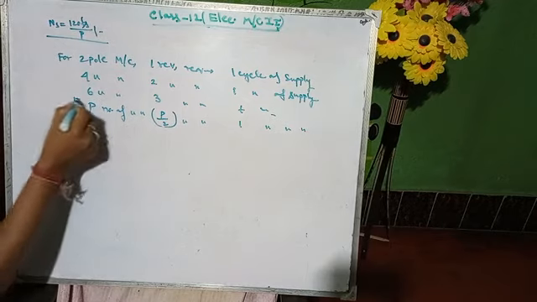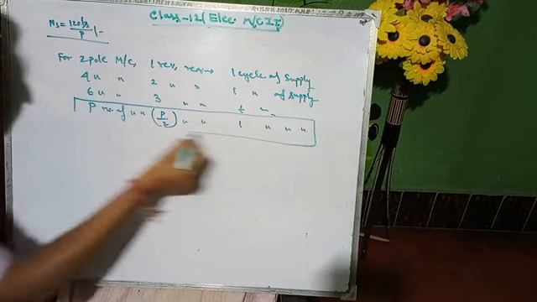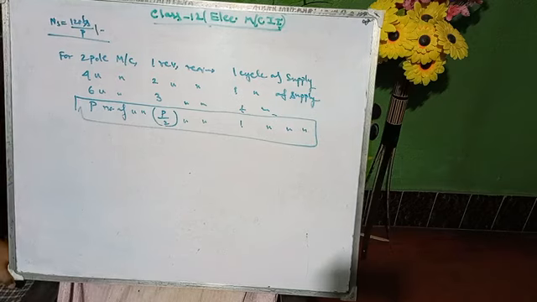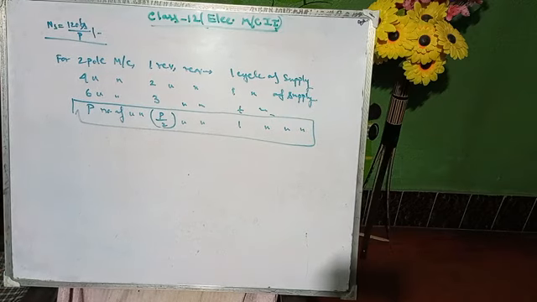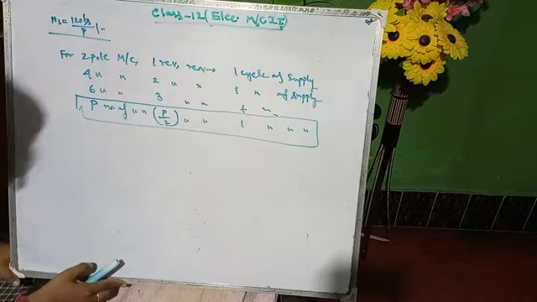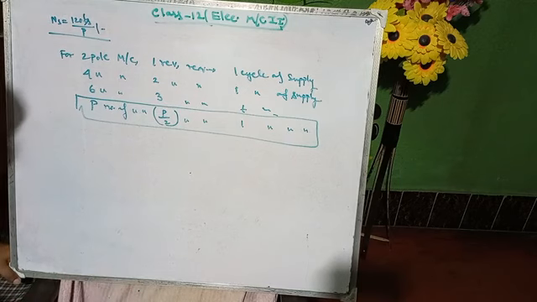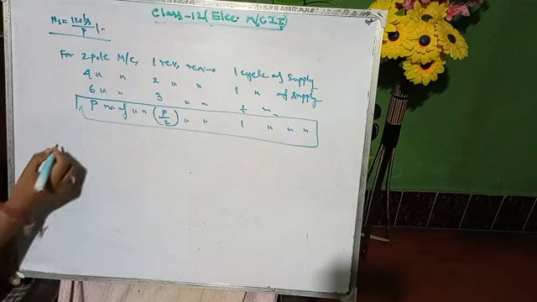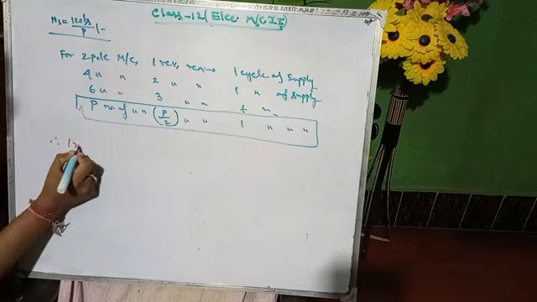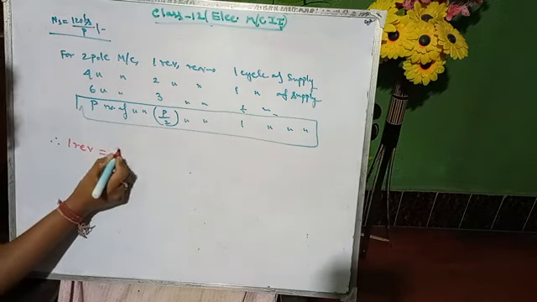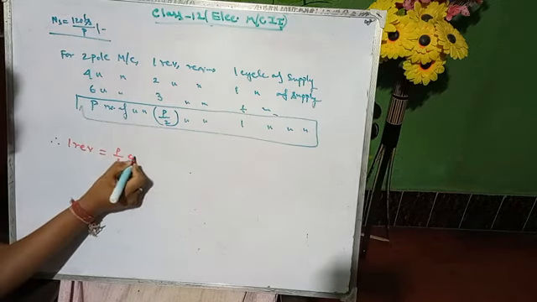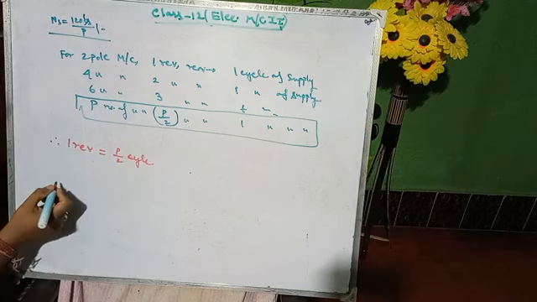So this concept you have to first understand: if the number of poles is P, then P by 2 revolutions are required to complete a full cycle. Therefore we can write 1 revolution equals P by 2 cycles, for a P-pole machine.